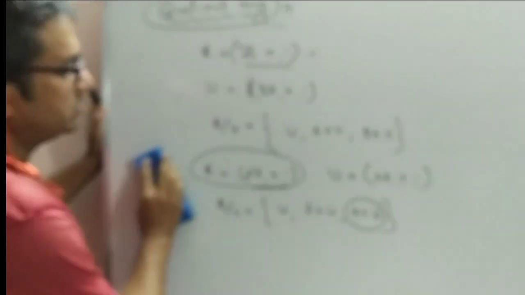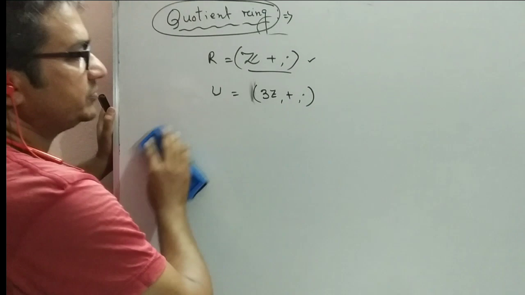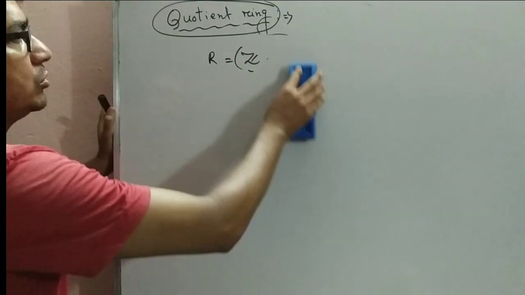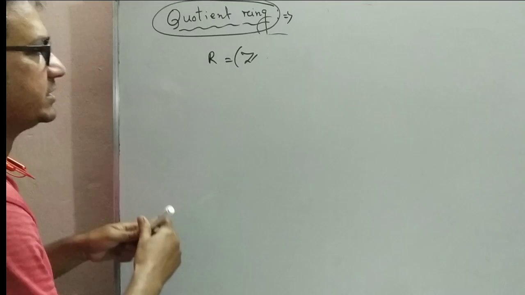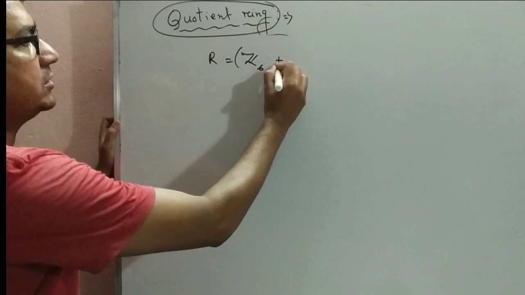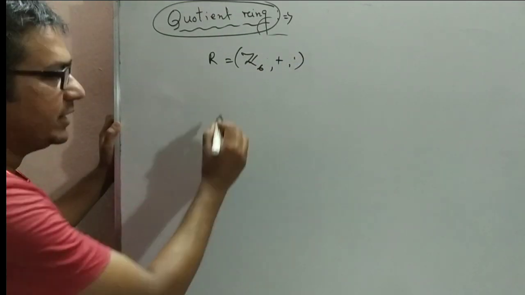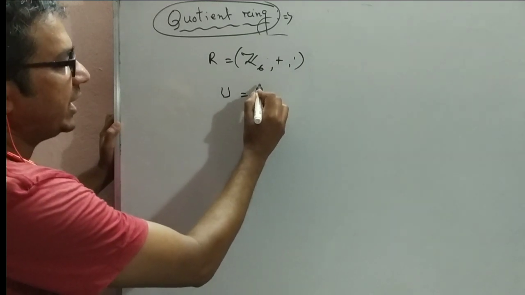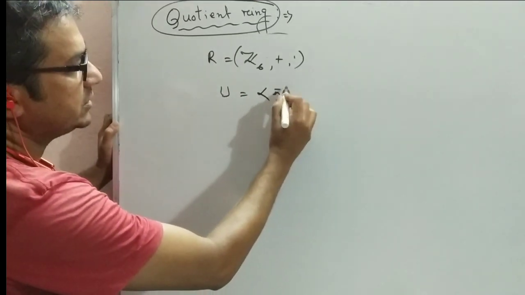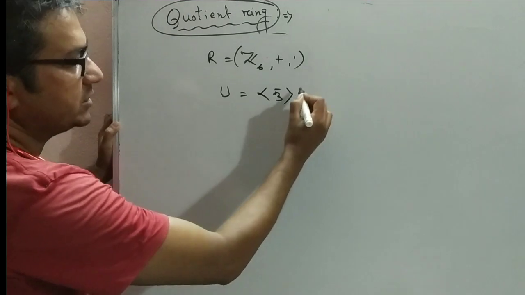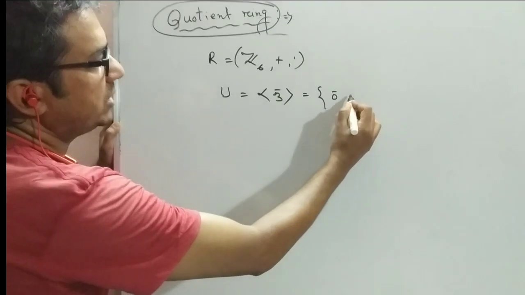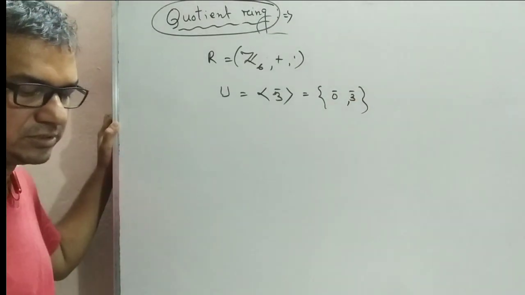Also, another example: consider the ring (Z6, +, ·) and the ideal generated by 3, that is {0, 3}.